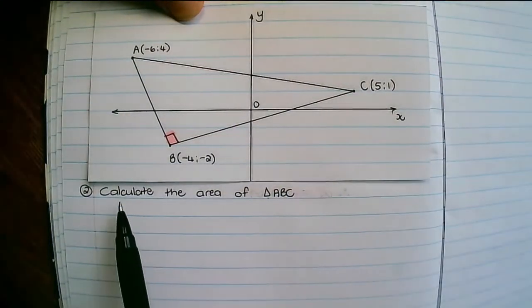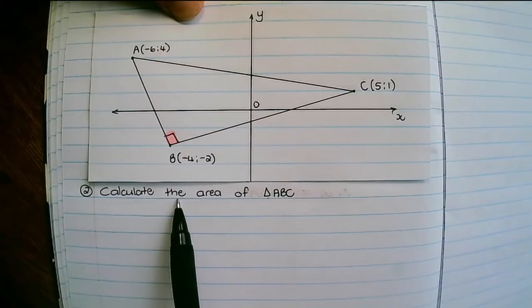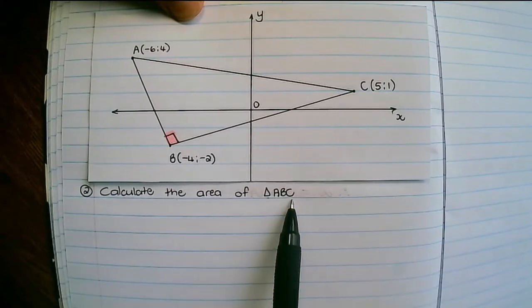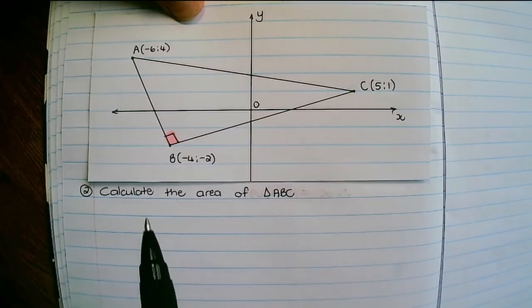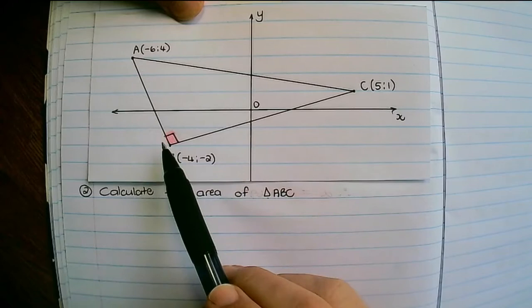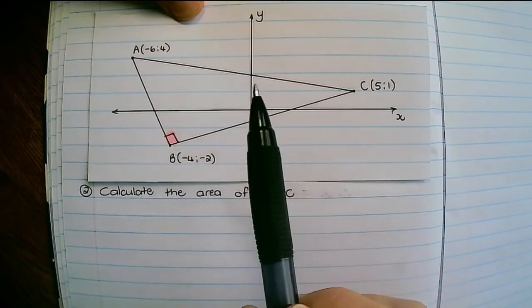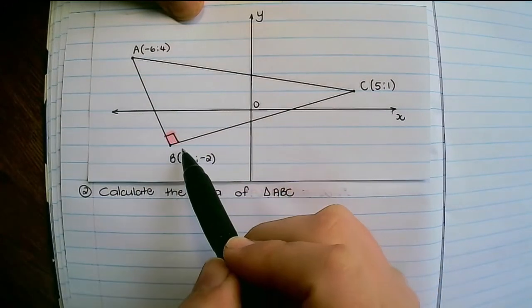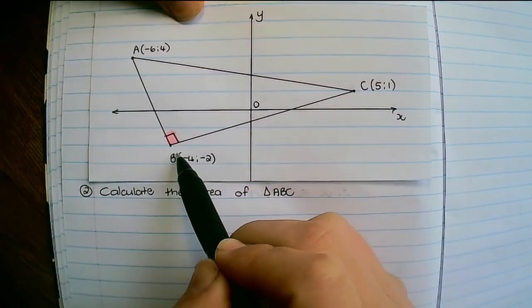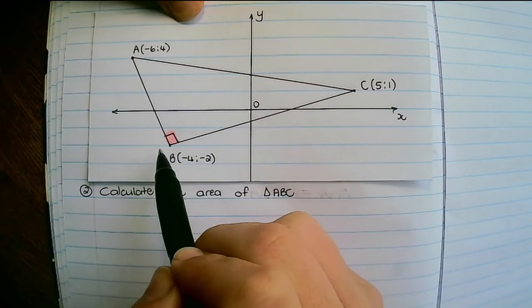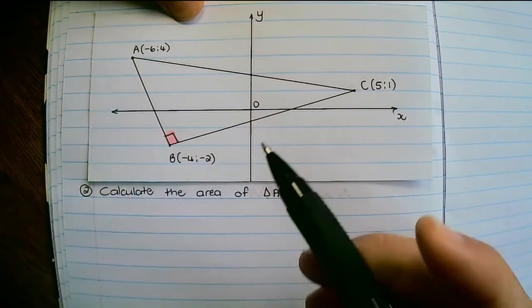Our next question is to calculate the area of triangle ABC. So we already know that this is a right-angled triangle, and therefore we can say the area is the base times the height. So we'd need to find the length of the base, BC, and the height, AB.